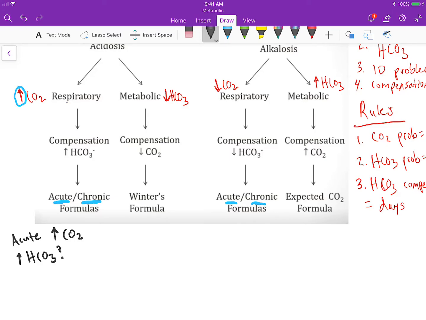So this will be acute 10 to 1. What does that mean? That means if a patient has a CO2 of 60, then what should the increase in bicarb be? Well, it's changed 20 from baseline, so therefore bicarb should go up 2.